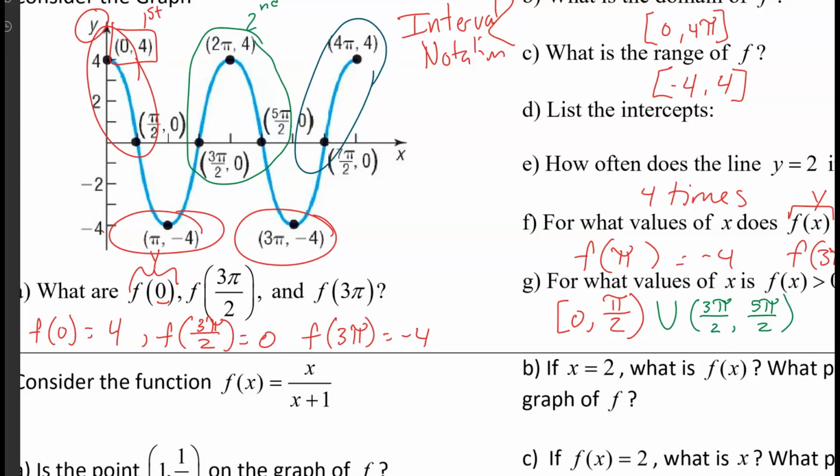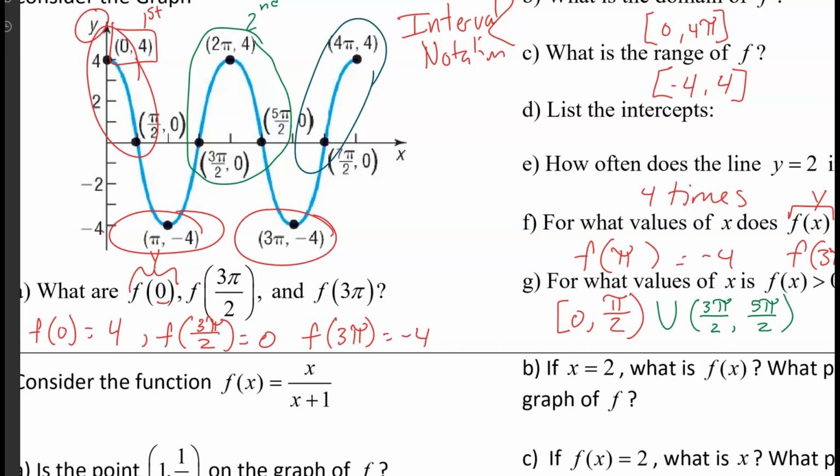Is anyone struggling with that, or should I just move on? People were wanting to separate it at 3 pi over 2 to 2 pi, and they were wanting to include that 2 pi in the interval somehow.